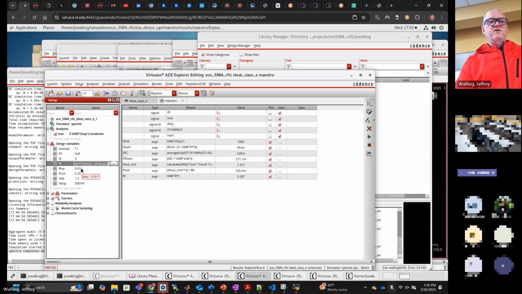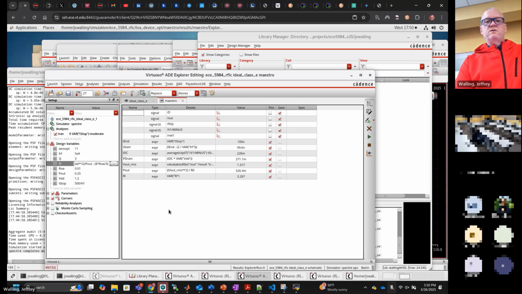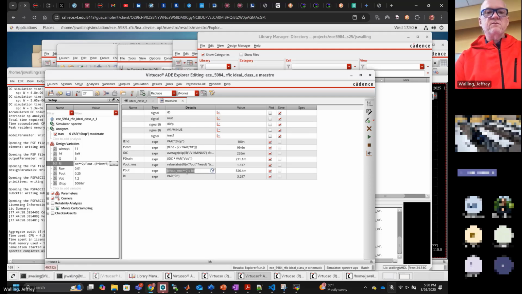I have R switch as a variable. I'm making it kind of small, and I'm just determining I want to get a 1/4 watt P out. And I know this isn't right, and I know why, because I forgot there's a factor of 2 here.